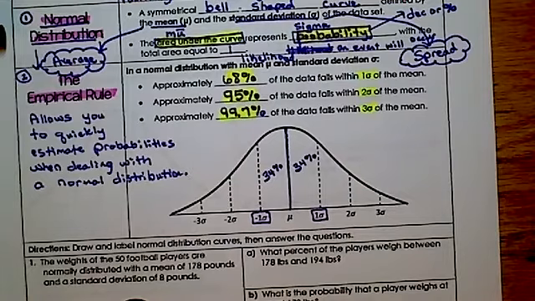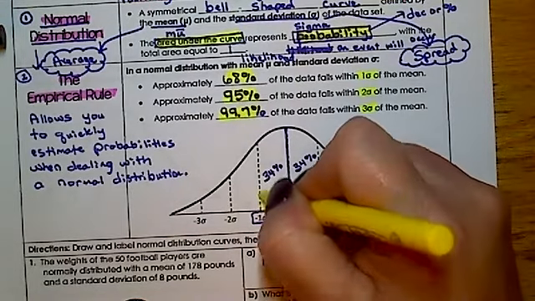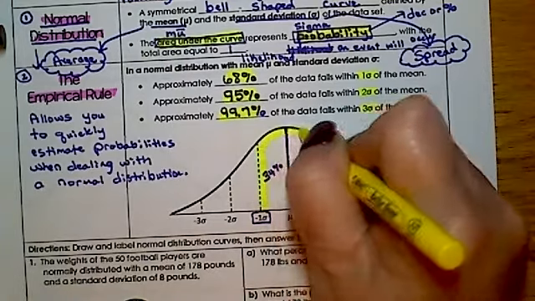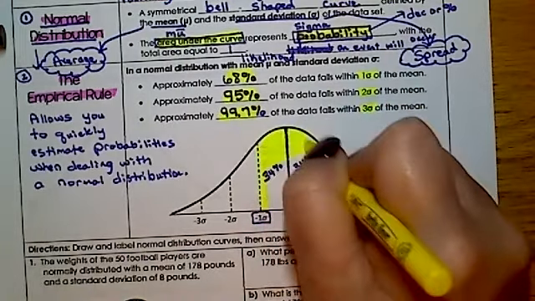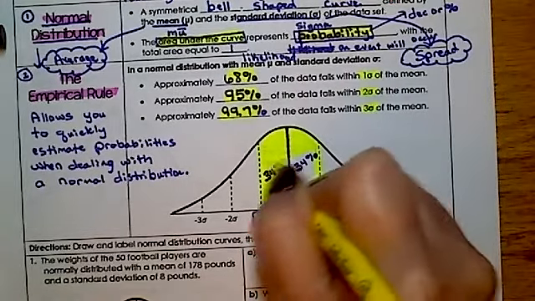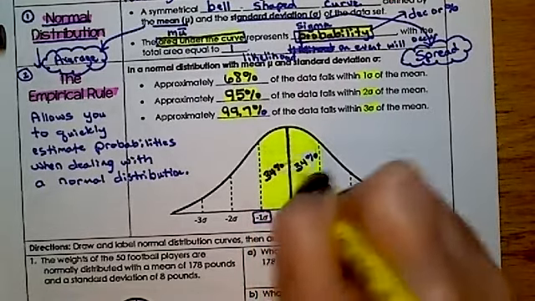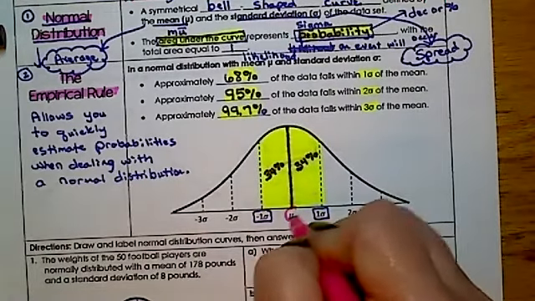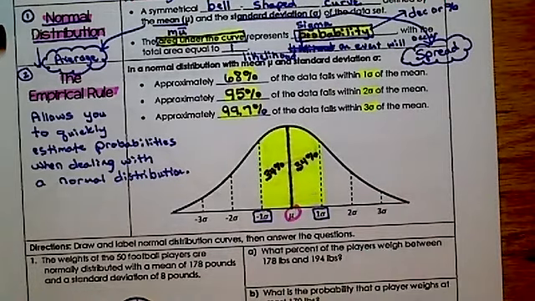Okay, so notice that this portion right here represents 68% of this curve. So that's more than half of your data is located within that one standard deviation. Okay.